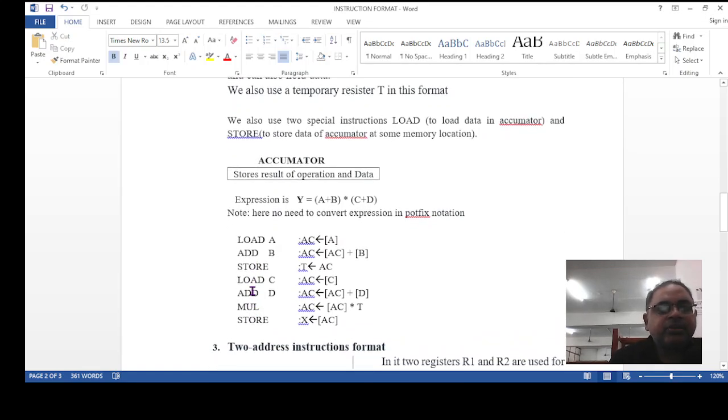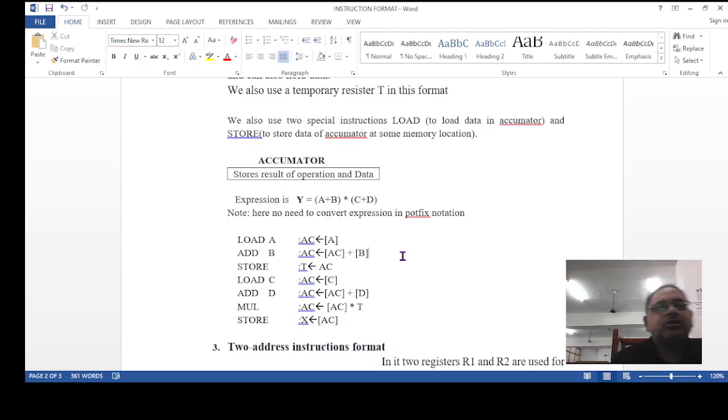One more thing, in one address instruction format, we use two special instructions, load and store. The load instruction is used to load the data into the accumulator, and the store instruction is used to store the data of the accumulator at some memory location.